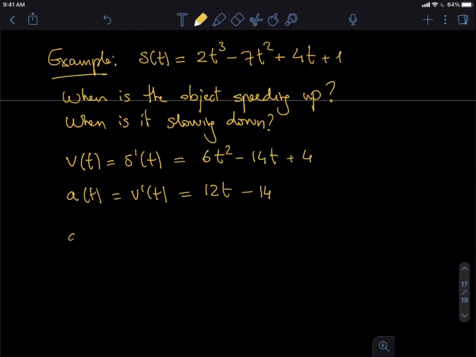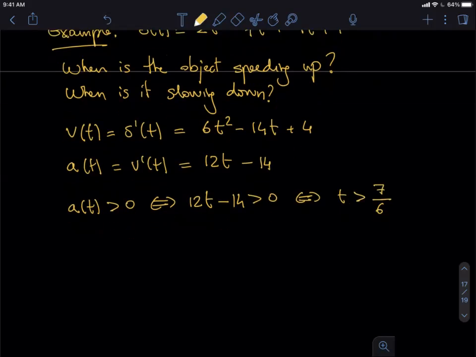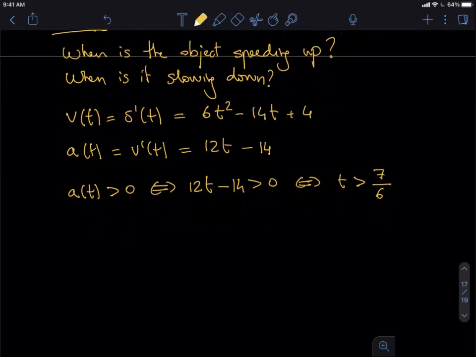So a(t) is positive if and only if 12t minus 14 is bigger than 0. That means t bigger than 7/6. Okay, this can be seconds or hours.